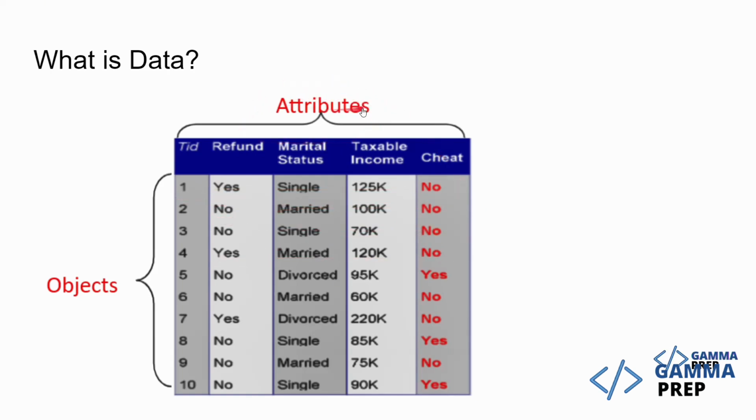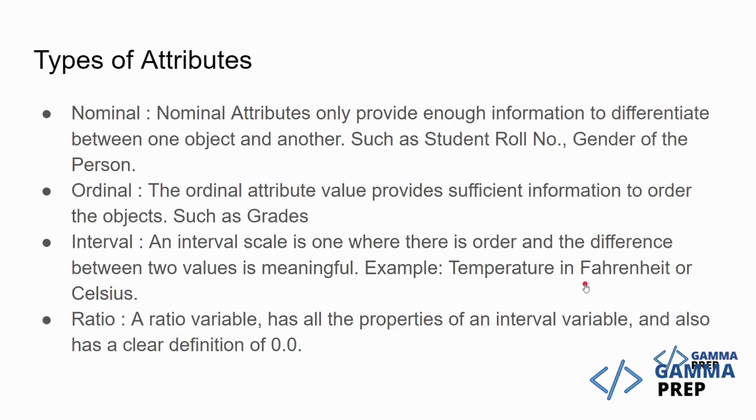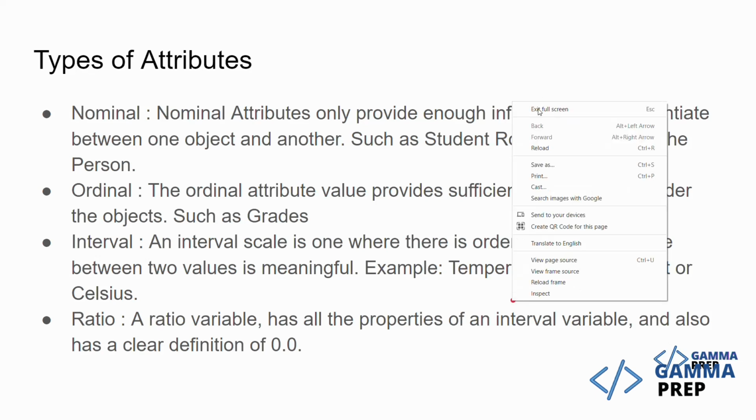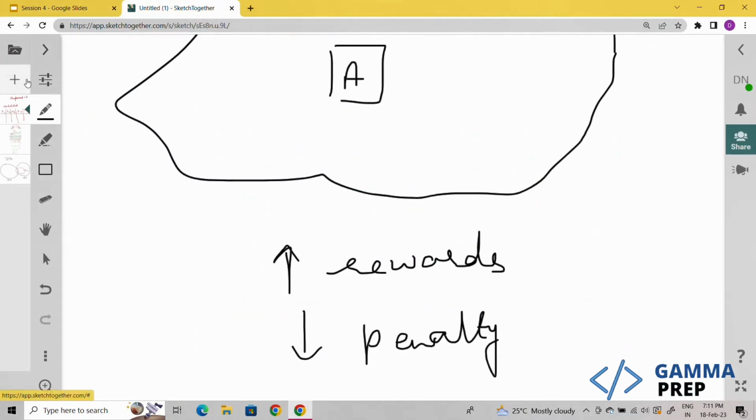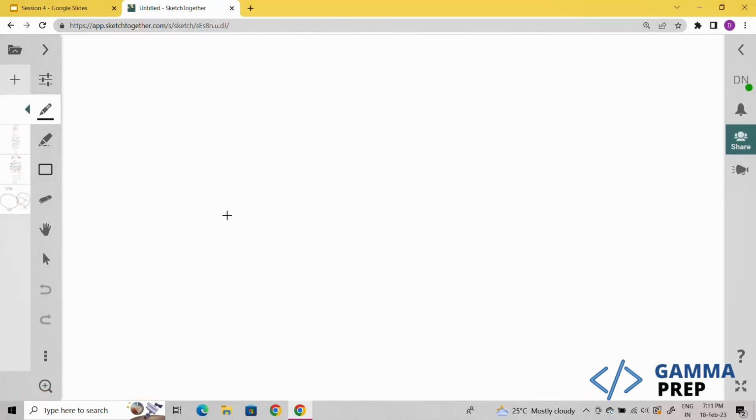Now attributes are of different types. There are 4 different types of attributes: nominal, ordinal, interval, and ratio. I'll explain all of them now. So we understood that the data set is going to consist of rows and columns, and the columns, also called the attributes, are of 4 types.